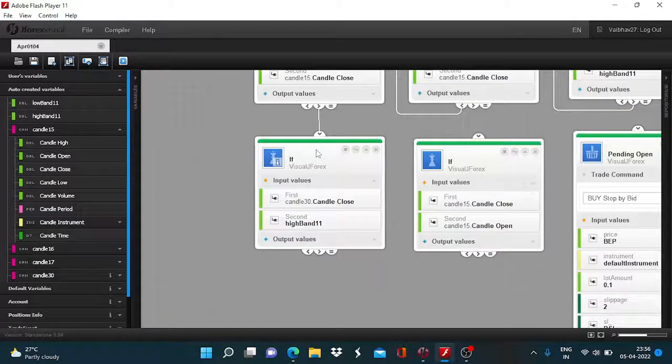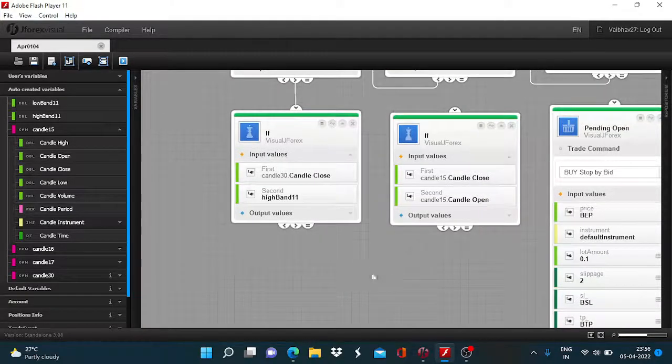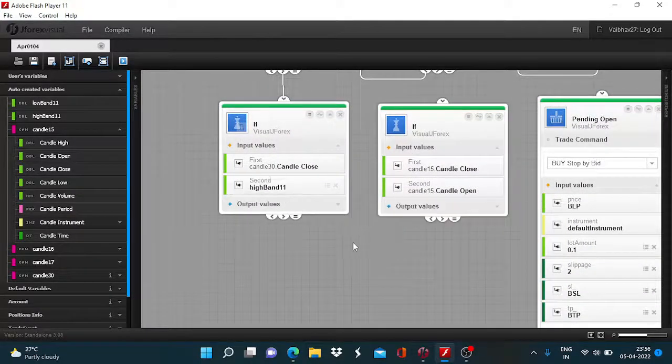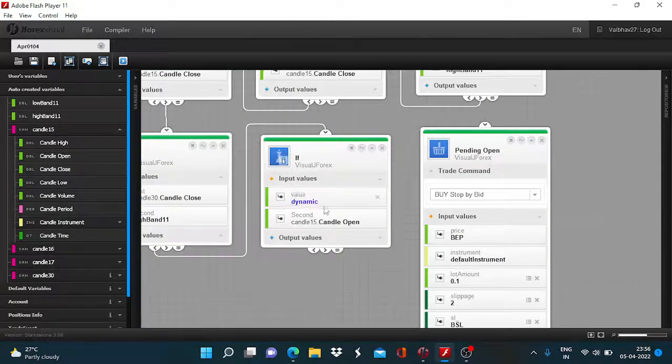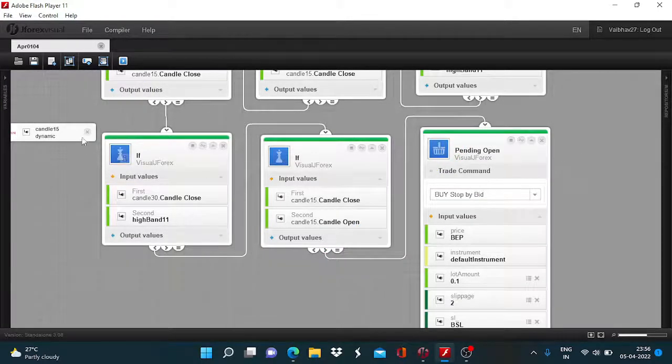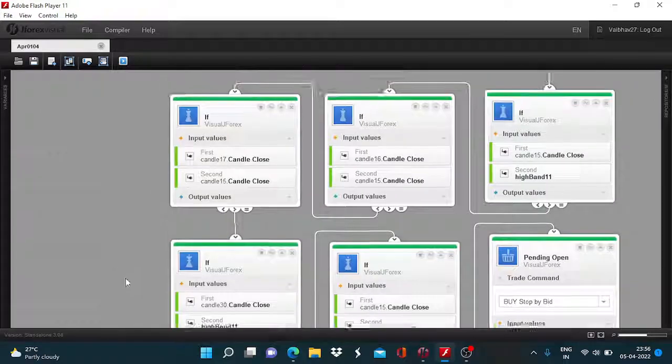Then we have to consider the candle 30 candle close, and it should have been less, so first input less than second input, and candle 15 candle close should have been higher than the opening value, so first input greater than second input. Okay, so with this, the buy side of the equation is complete.